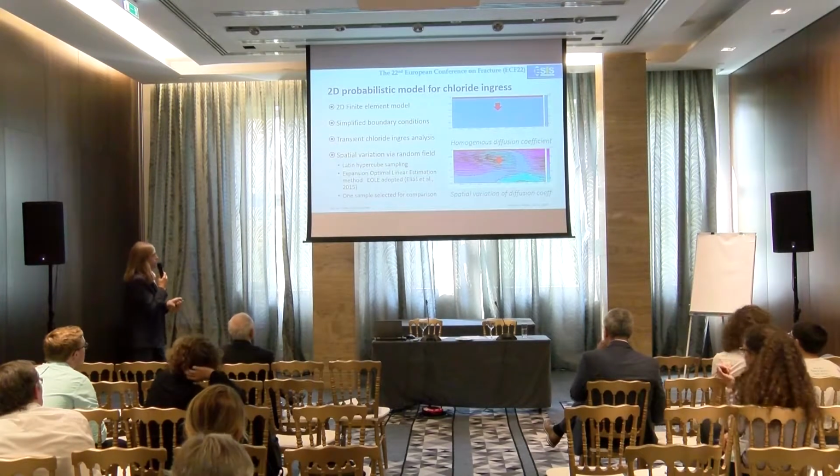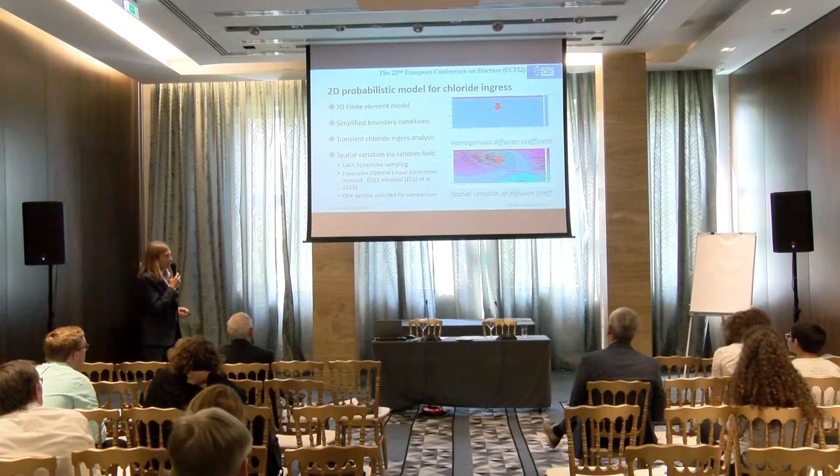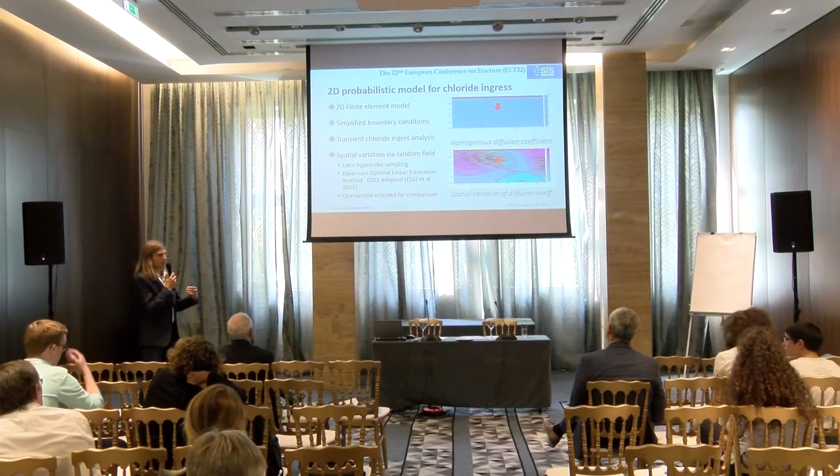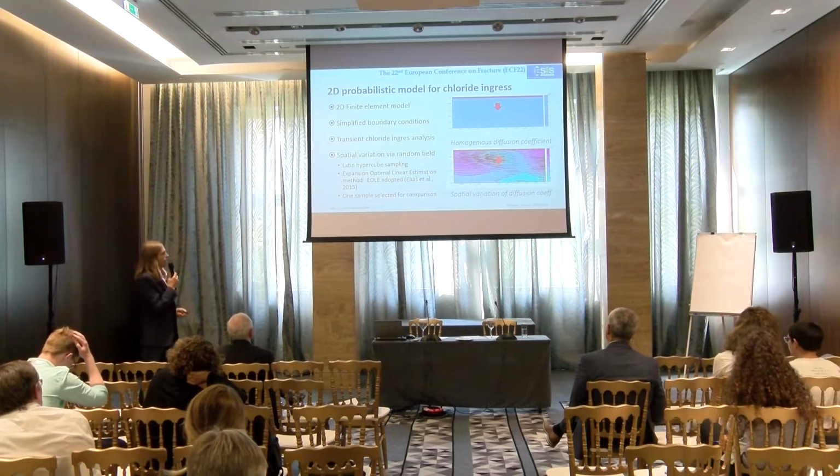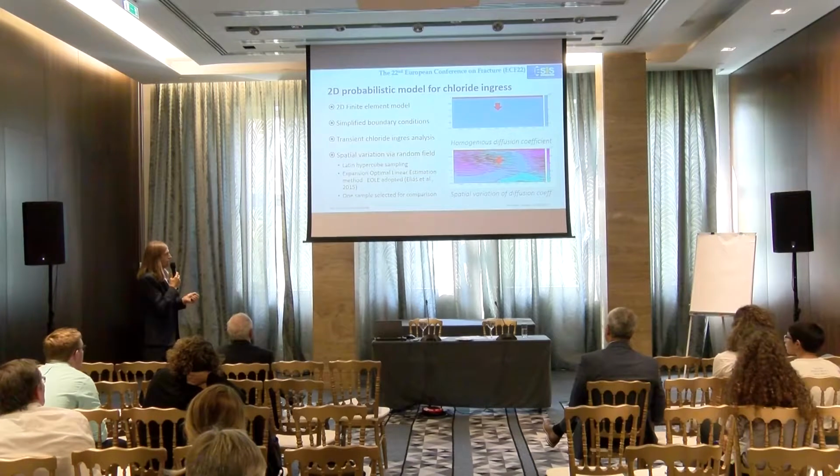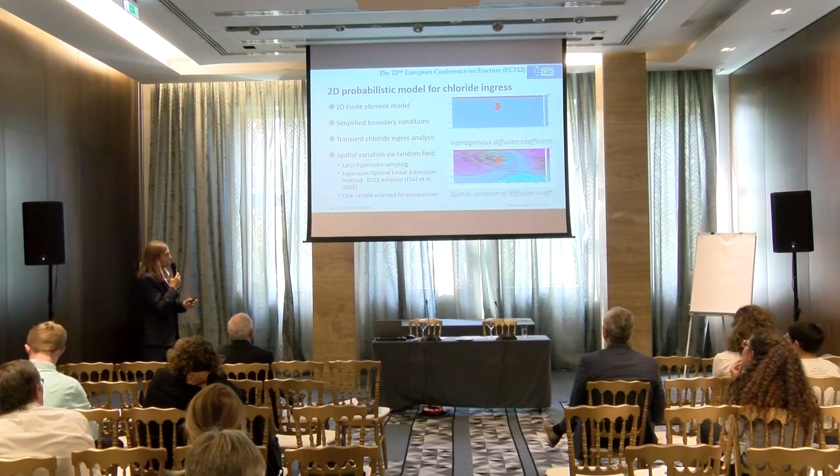And it is the transient analysis. It changed over the time. And spatial variation is introduced via random field. And the Latin hypercube sampling is used to generate the population.